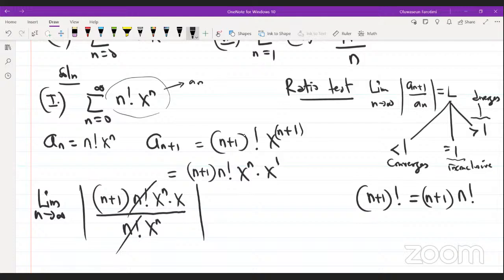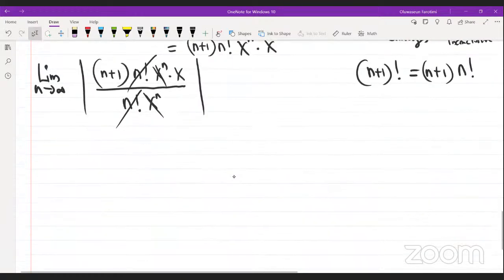This guy can take off this guy, and this guy can knock off this guy. So really, what are we left with? The limit as n goes large of n plus 1, you have x right here, nothing on the bottom.